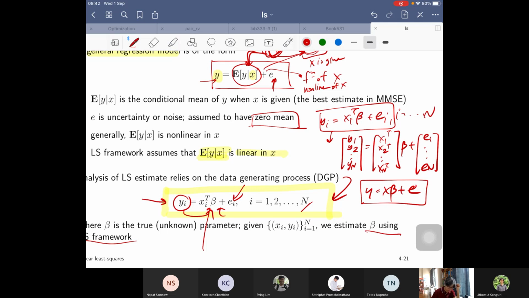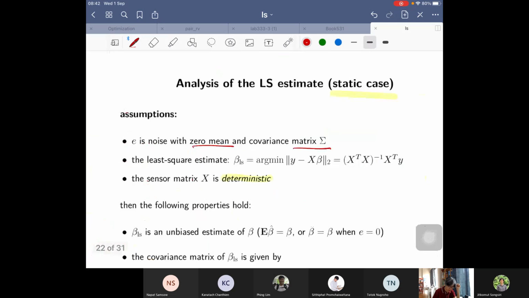Now in this slide we're going to assume that the covariance of e is sigma, and as of now sigma is just any positive definite matrix because it represents covariance. In this setting, we solve for beta hat from least square, and we assume that X is deterministic.